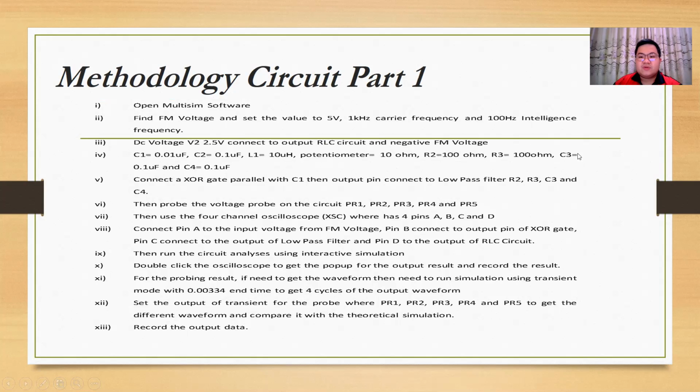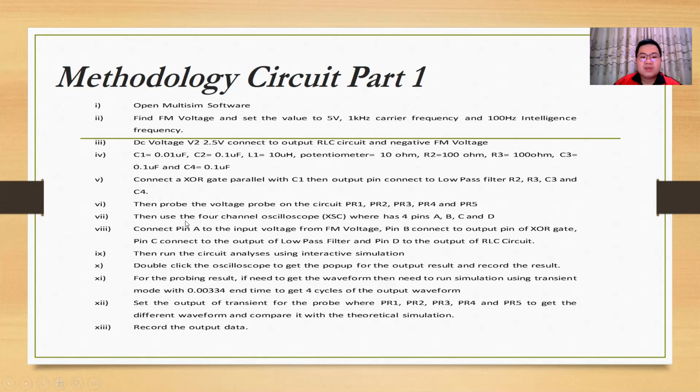Then continue with C3 and C4, meaning capacitor 3 and capacitor 4, with 0.1 microfarad. Then connect an XOR gate in parallel with C1. Then the output pin connects to the low pass filter R2, R3, C3, and C4. Then put the voltage probes on the circuit, PR1, PR2, PR3 until PR5, which means there are 5 probes.